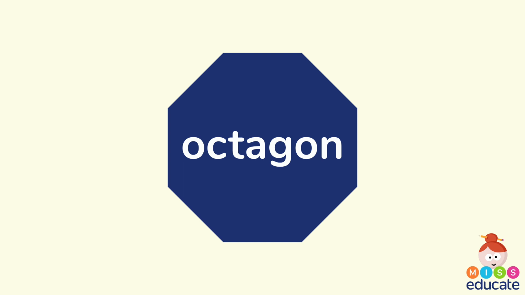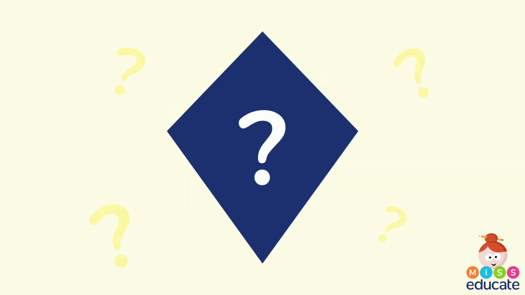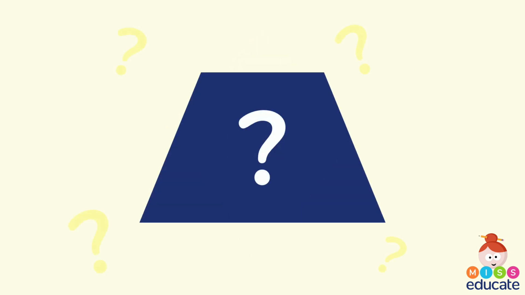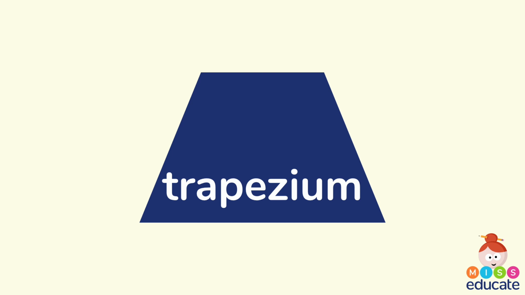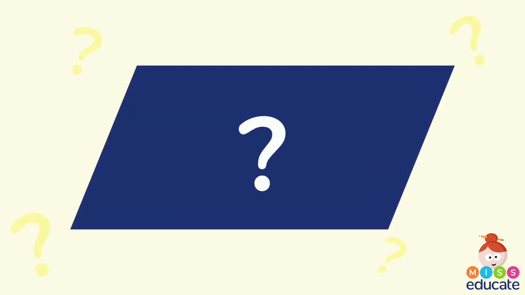Let's keep going. Ooh, and now we have, what do you think? It's a kite. Good. Our next shape, what do we think? Can you remember? This one is a trapezium. That's a big word. Okay, what do we have now?